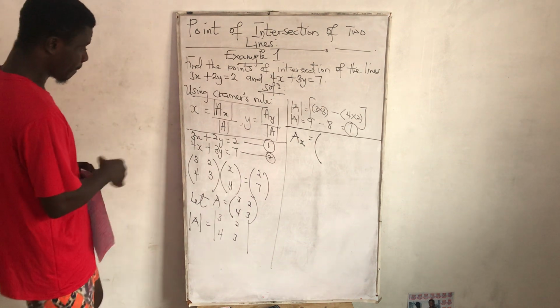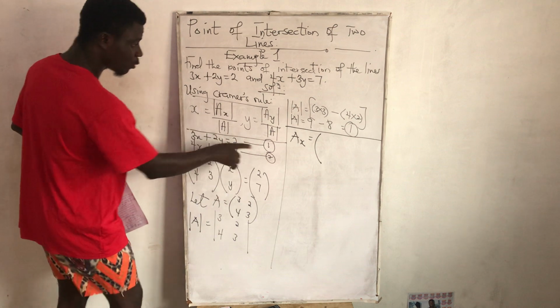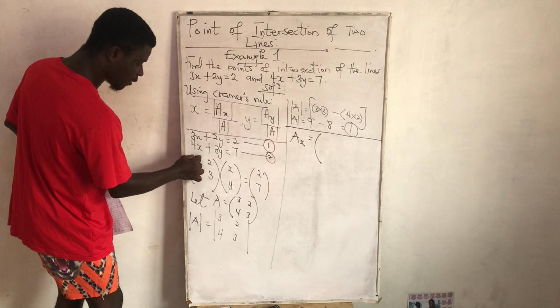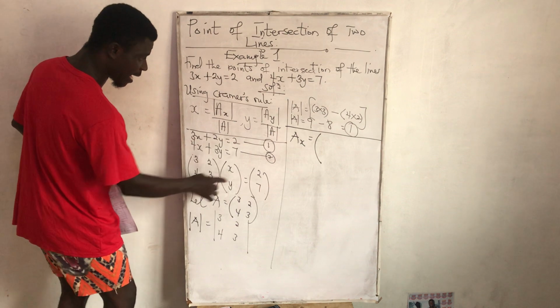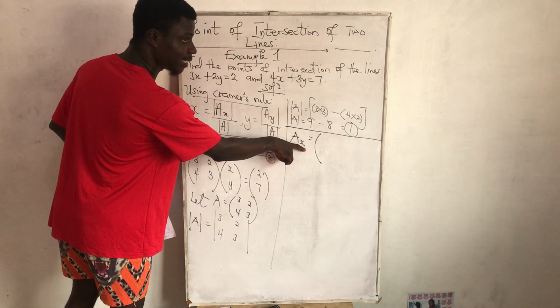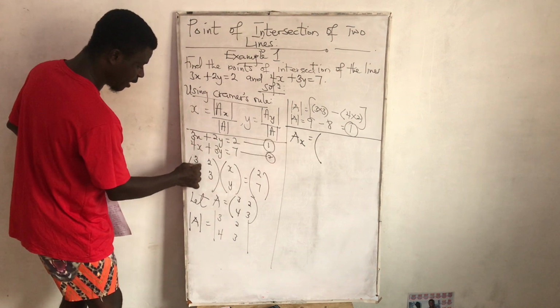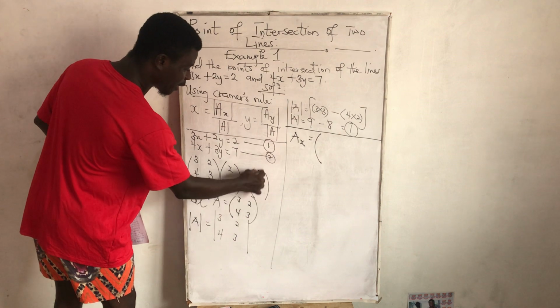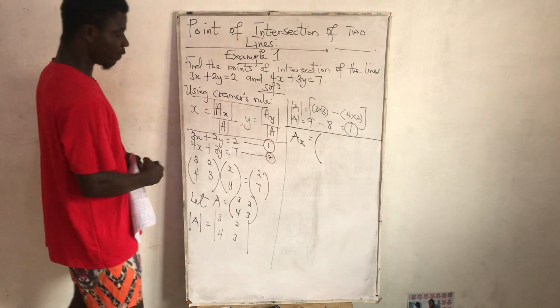Now here, we want to find AX. So we take away this first column, which are the X values, because it is demanding AX. So we eliminate this 3, 4, then we substitute 2, 7 in place of that.